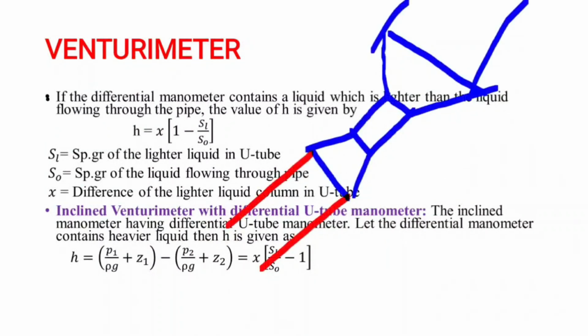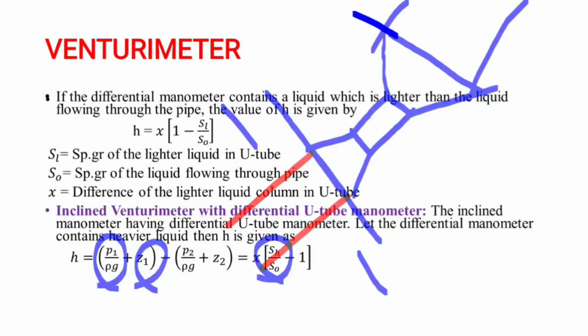This is an inclined one. How is the H value determined? By using the specific gravities, the pressure head, and the datum heads also. This is the first point, this is the second point.